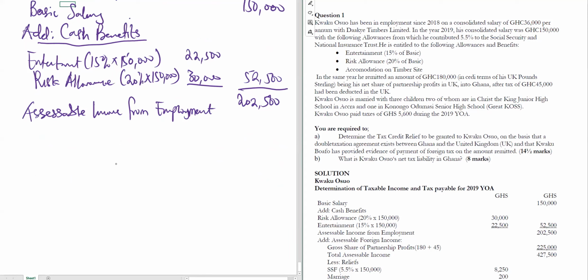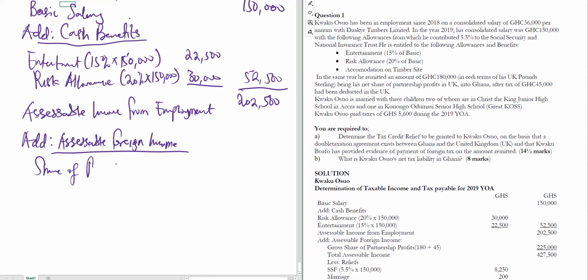So now we are going to add his assessable foreign income. We add the share of partnership profit, right? And is it gross or net that we need?